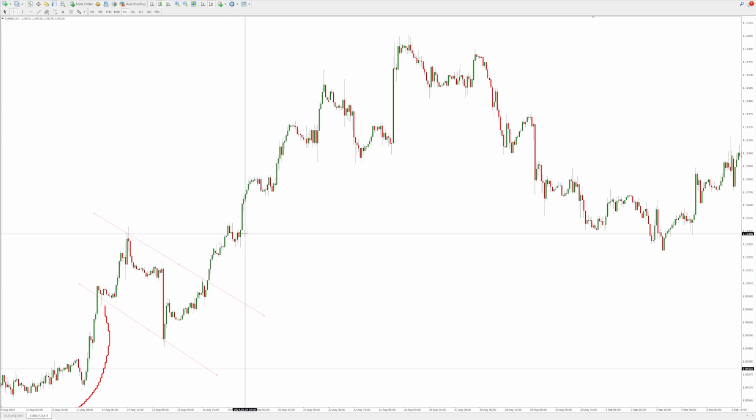And then once price came up to here, you can either look to close some of the position, bank some profits, and move your stop loss to break even, or you may just move your stop loss to, let's say, this level here, just under this support, to lock in that profit. In the worst case scenario, if price did turn around and come back down, you still banked some pips.